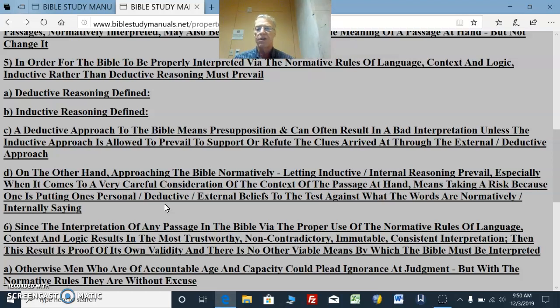Since the interpretation of any Bible passage in the Bible via the proper use of the normative rules of language, context, and logic results in the most trustworthy, non-contradictory, immutable, consistent interpretation, then this result is proof of its own validity, and there is no other viable means by which the Bible must be interpreted.